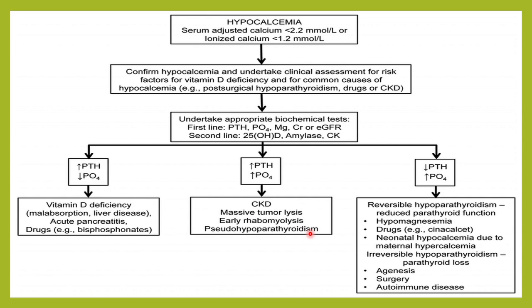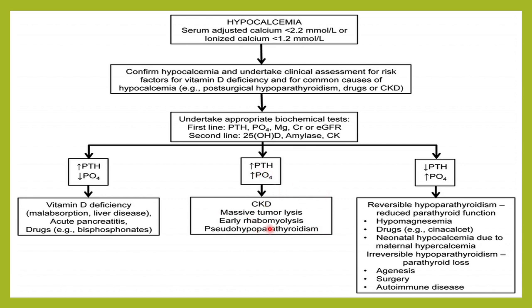So though the parathormone is high, calcium is low. In massive tumor lysis, what happens? The cells are broken, so the phosphate which is rich inside comes outside. So the phosphate is high in massive tumor lysis.